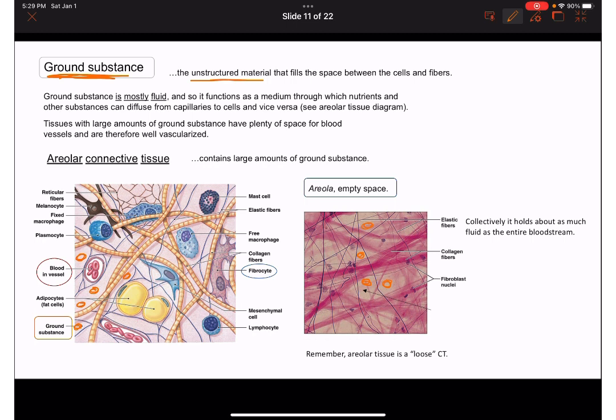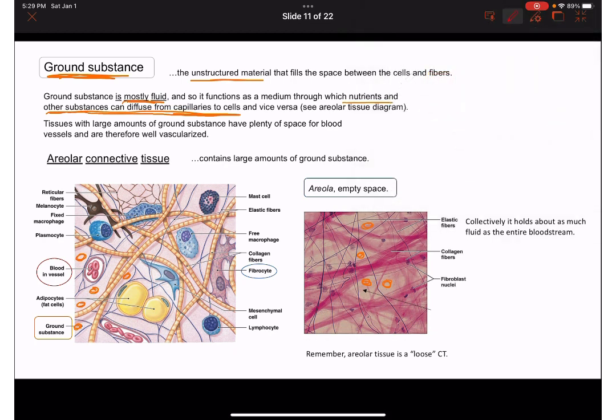And this ground substance is mostly fluid. It's mostly water. And so one of its functions is it's going to function as a medium through which nutrients and other substances can diffuse from the capillaries to the cells in those tissues, and vice versa.